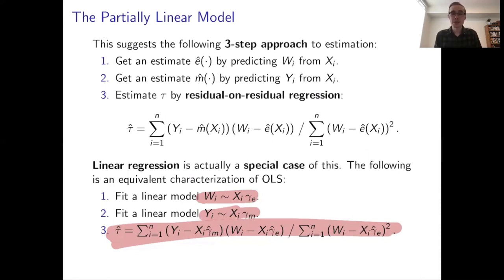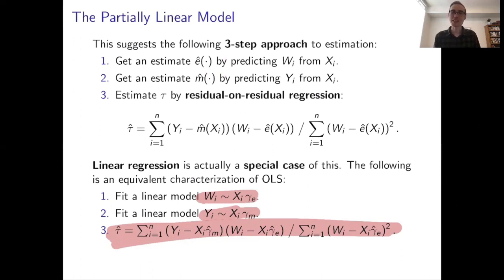So what this shows is that, at least algorithmically, linear regression is just a special case of the estimator based on Robinson's transformation, where instead of using machine learning methods for e hat and m hat, we just use linear regression to predict y from x and w from x.